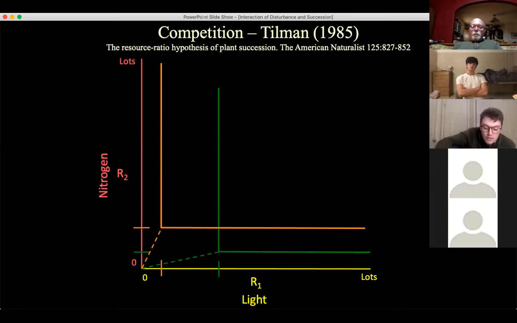What do they describe about that line? Which line, the dotted line? The dotted lines. Yeah. So the plants are using those two resources at their respective ratios. What are those ratios telling you about the line itself?